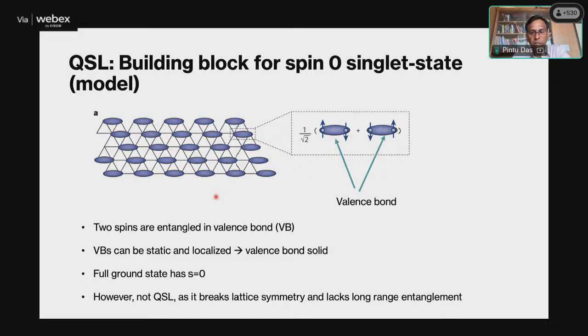And the entanglement that we see is between the nearest neighbors, so there is no long range entanglement. So this is called the valence bond model. This bond is called a valence bond, and I think this was introduced by Phil Anderson. So this doesn't give a spin liquid state.